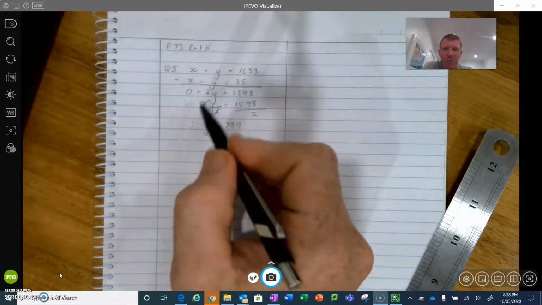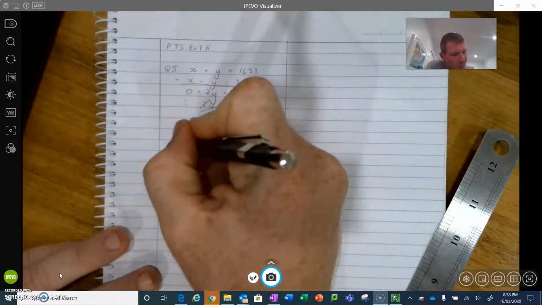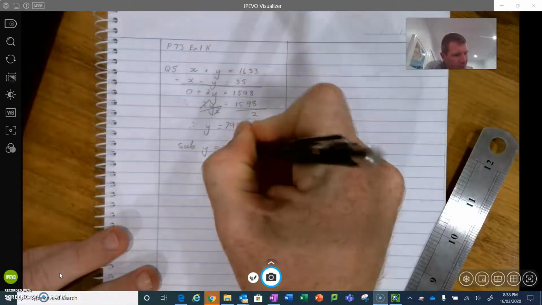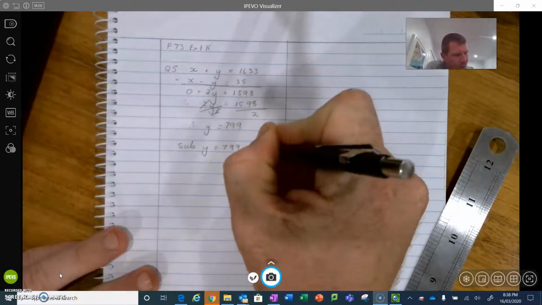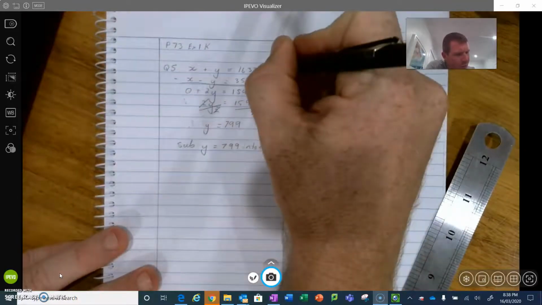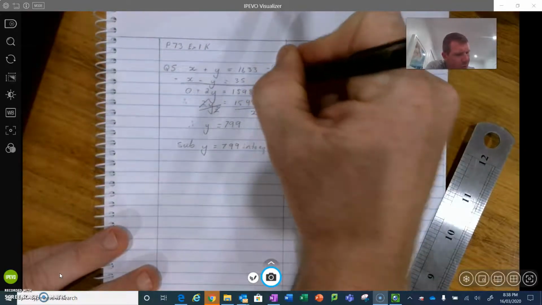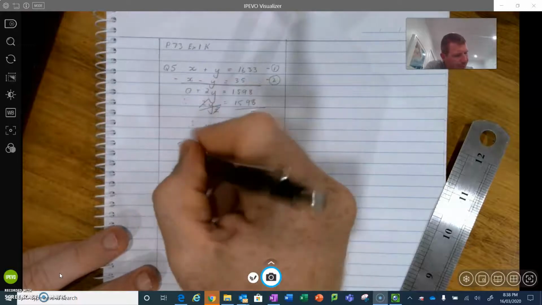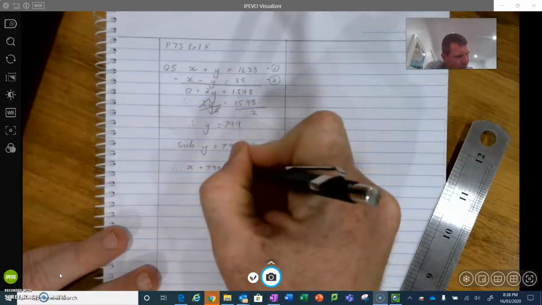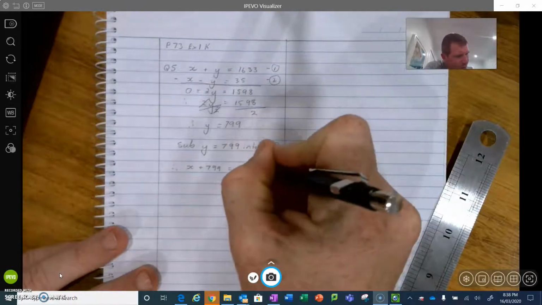You can use either equation there, and so therefore we want to sub y equals 799 into equation 1. We should have labelled these 1 and 2. Therefore x plus 799 equals 1,633.